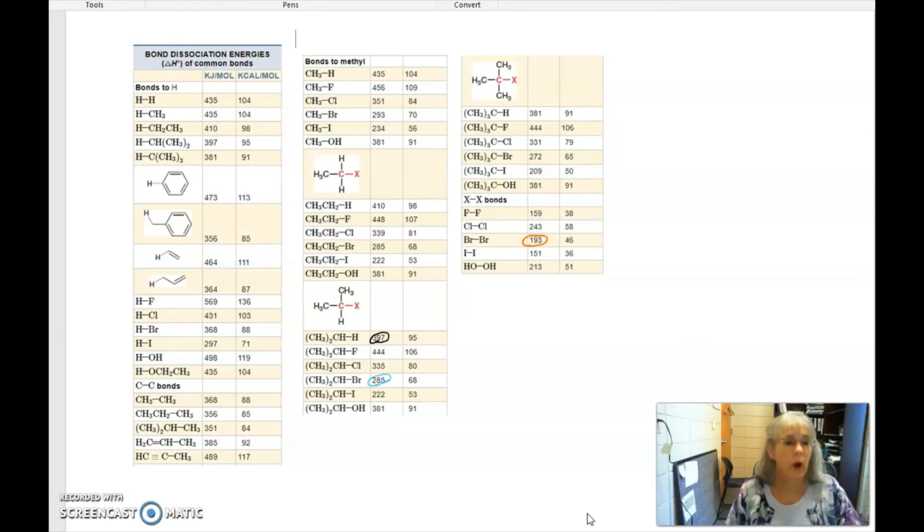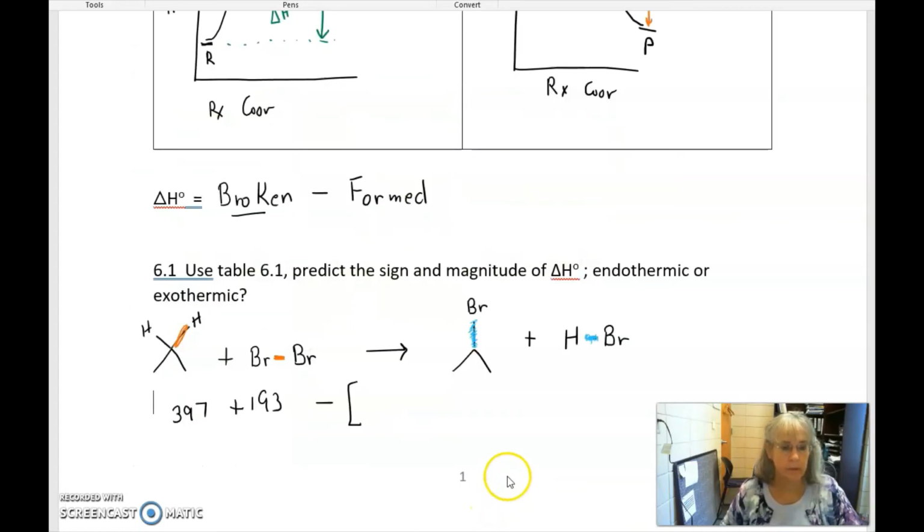And we're looking for a bromine-hydrogen bond, which would be right here. And let's go back to black. I think black's easier to see. So we have 285 plus 368. And that will give us a minus. And this, I believe, is in kilojoules per mole.